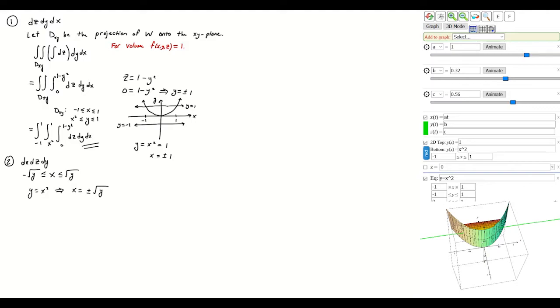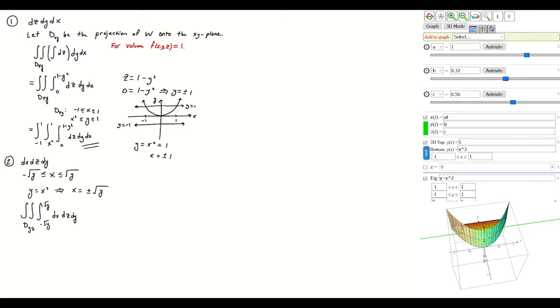So this immediately tells us that our triple integral will be the double integral over, let's say, d sub yz, where this is the projection of our solid region onto the yz plane. The integral from negative root y to positive root y, our function is still 1, so we'll have 1 times dx, and then we'll have dz dy.